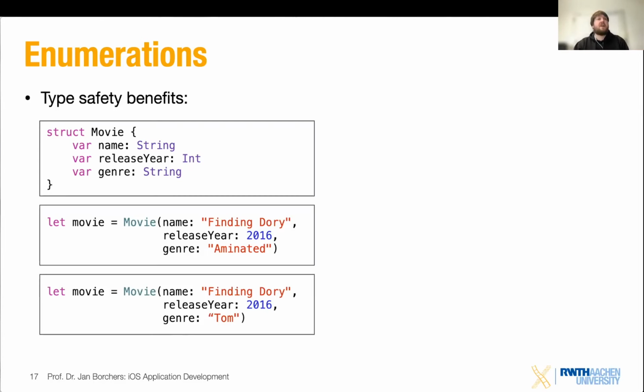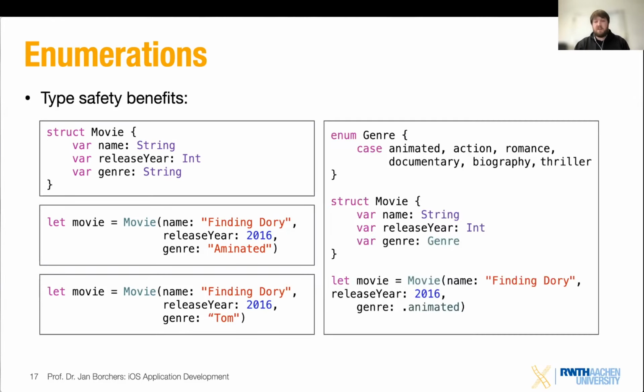But here again, if we use enumerations, that can really help us make sure that there is a sensible genre. So if we have, for example, our enum Genre, and we create it with the different cases: animated, action, romance, documentary, biography, thriller, those are the cases that the genre can be.